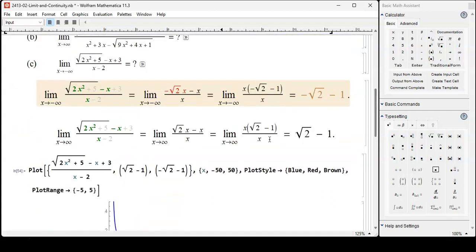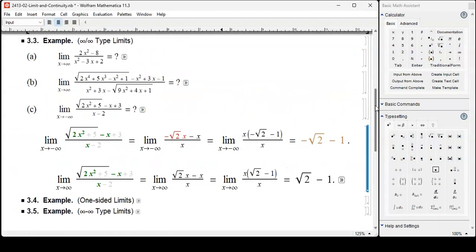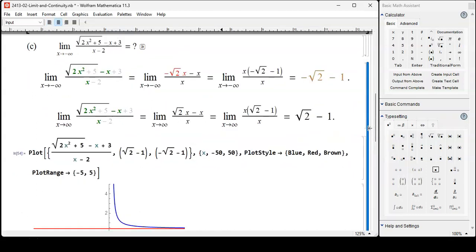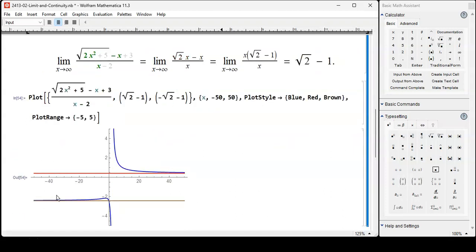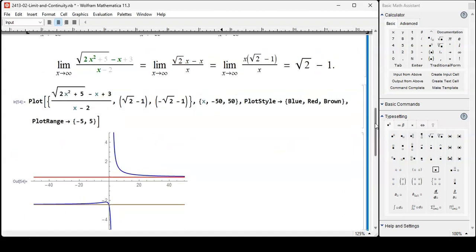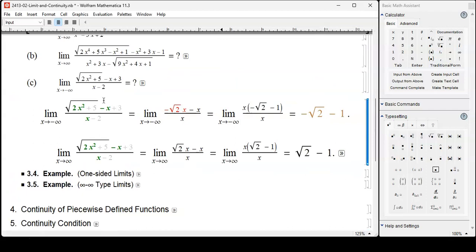So whenever you see x going to negative infinity, be careful. And the best way to see is to plot. If you plot and if you do not have nice asymptotic behavior to the left, something is wrong, and go back to your original square root. The original square root has to be positive.